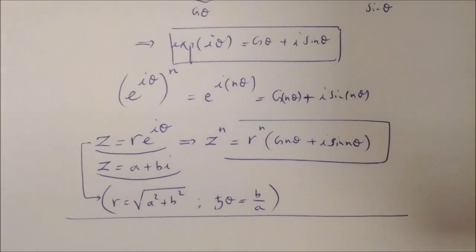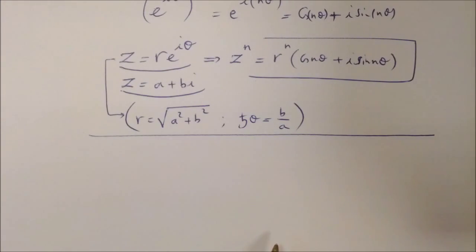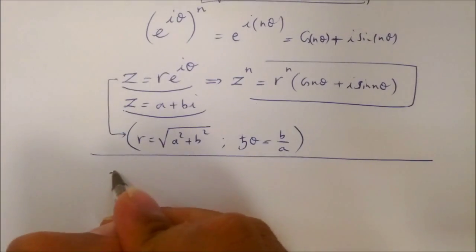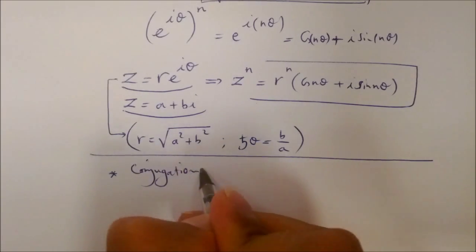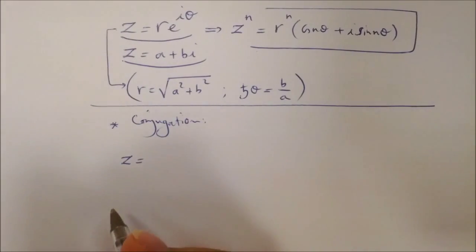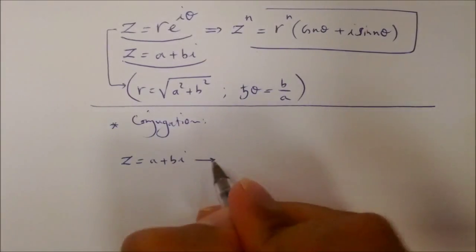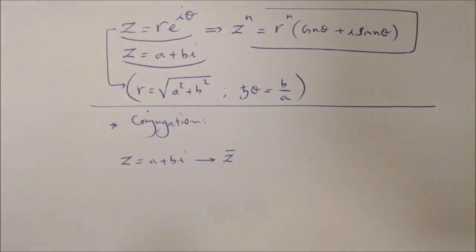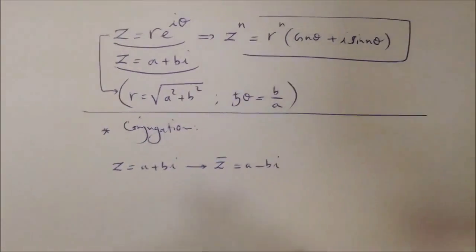Now I will study some basic operations in the complex number theory. The first one is the conjugation. So if I have a complex number z as a plus bi, I'll define z bar as a minus bi.